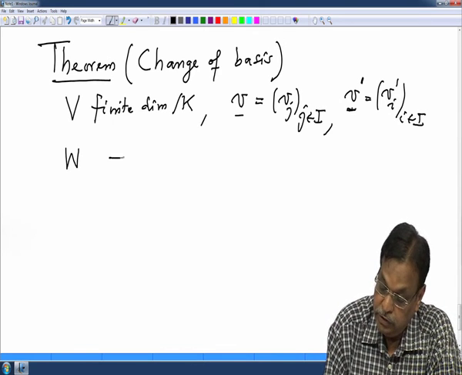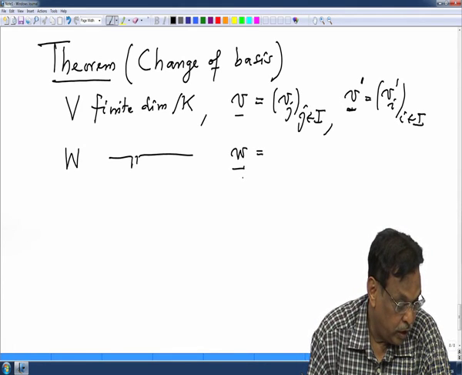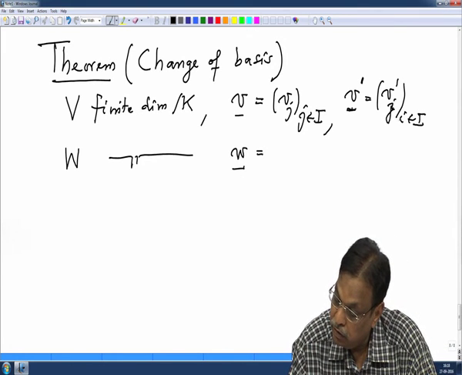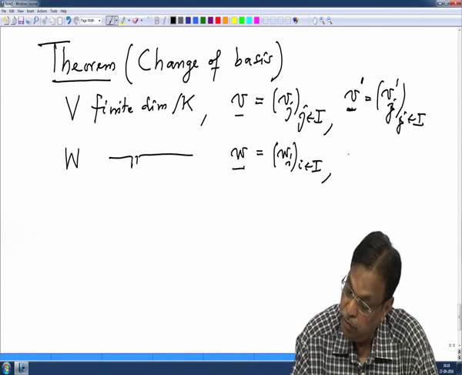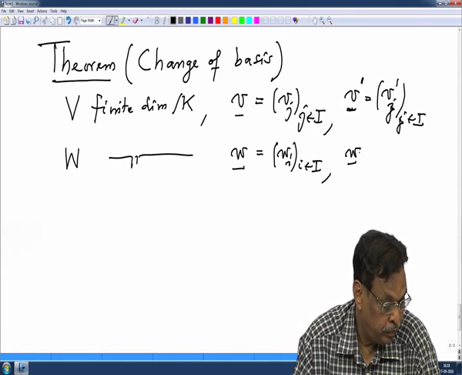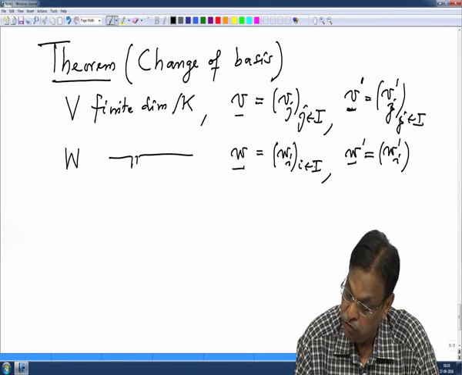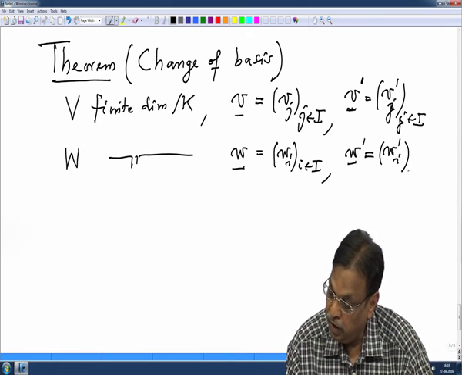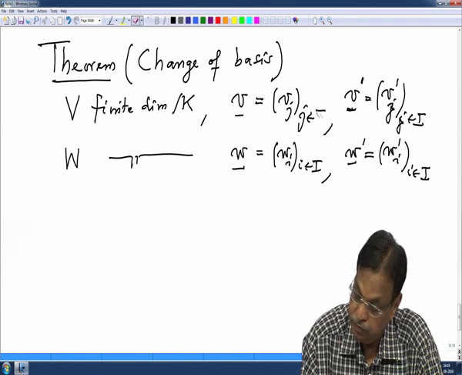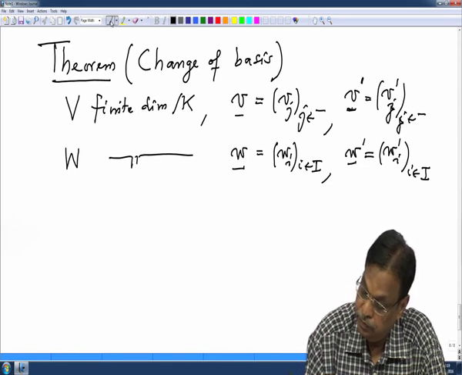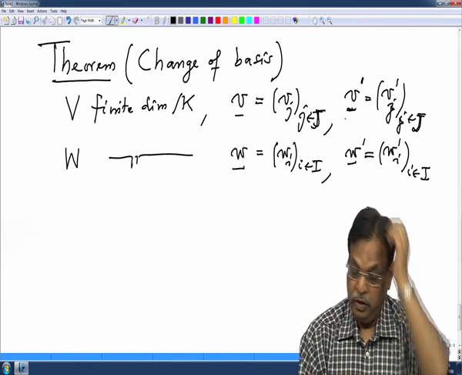And W again a finite dimensional K vector space. W has one basis which is denoted by w_i, i in I, and another basis w prime, which is w_i prime, i in I. Now this one should be J. This one also should be J. So then what do we want to prove?